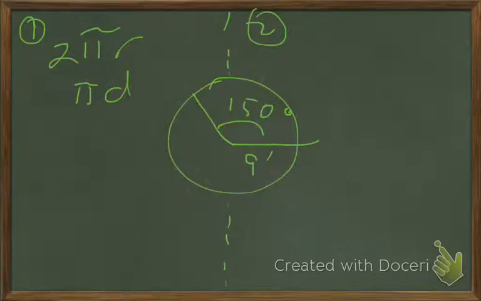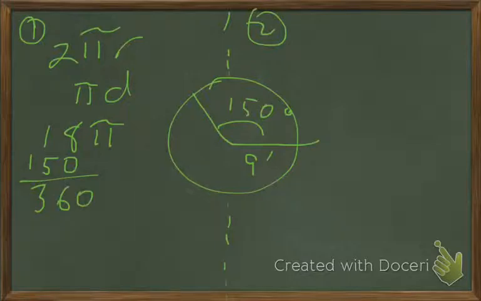Okay, that's the circumference. But the circumference is 360 degrees. We're only wanting 150 of that 360. So we're doing 150 over 360, using the proportion, times 18 pi.